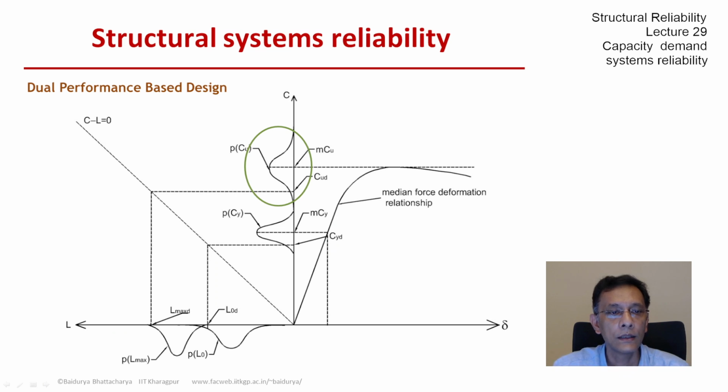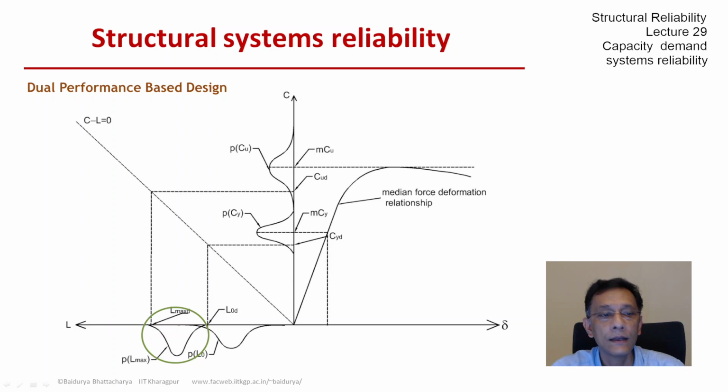Likewise, the ultimate capacity is relevant when we have extreme loads. On the L axis, we can define L max and its density and its design value, and compare it with the design capacity and satisfy a design.